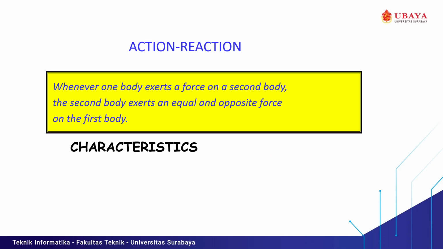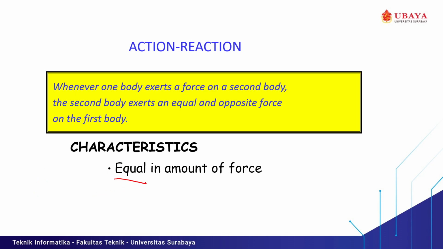So this is the definition for the third law. Whenever one body exerts a force on a second body, the second body exerts an equal and opposite force. You must remember the keyword here is opposite. So we can conclude some characteristics here.